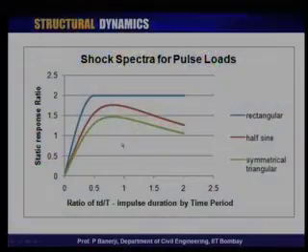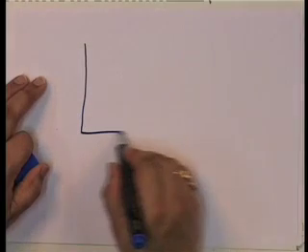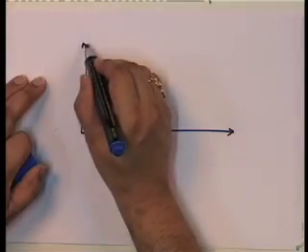So much for this, and similarly, if we come here, we have drawn another curve for a symmetrical triangular pulse. I am not solving this, I will leave it up to you to solve it if you wish to.